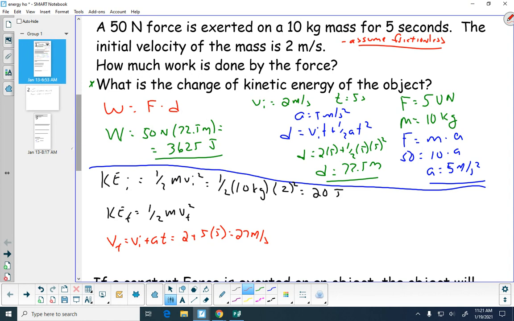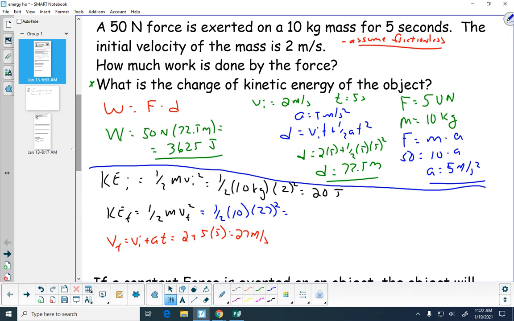We get 27 meters per second, final velocity. So we have 1/2 times 10 times 27 squared.